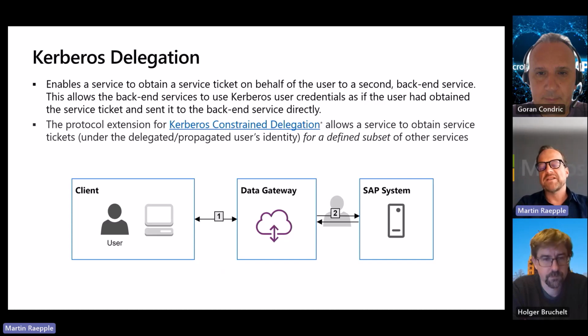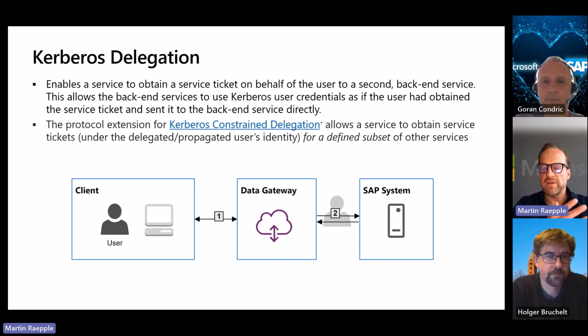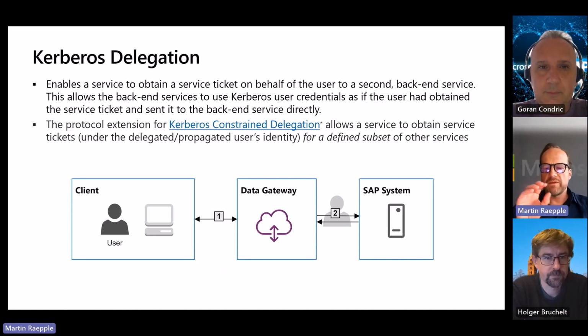In SAP's documentation, those scenarios are usually referred to as principal propagation. That's exactly what Kerberos delegation implements. It's a means to propagate, so to forward, the principal, the authenticated user, all the way from the client via this data gateway or delegate to the backend service.